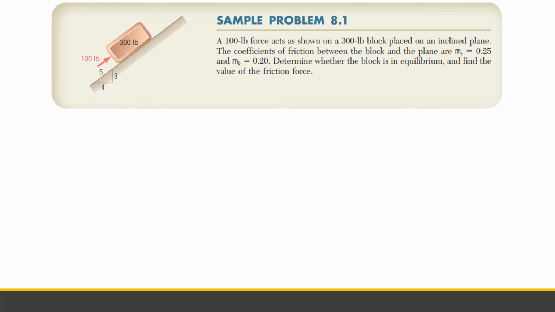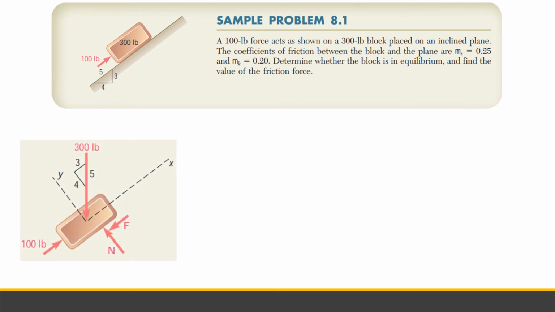Assuming that F is directed downward, since 100 is less than 300, maybe we can assume that the friction force is directed to the left downward. Usually friction force is always opposing the applied force, so it points downward. So we can create a free body diagram like this.